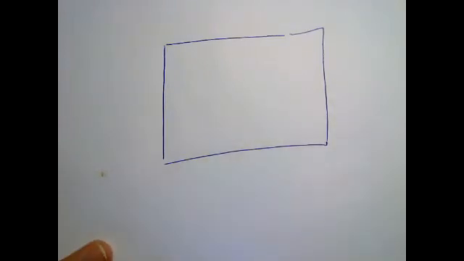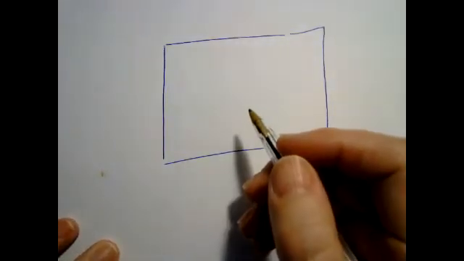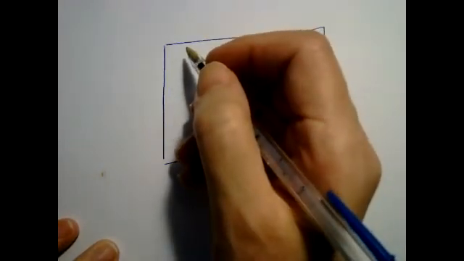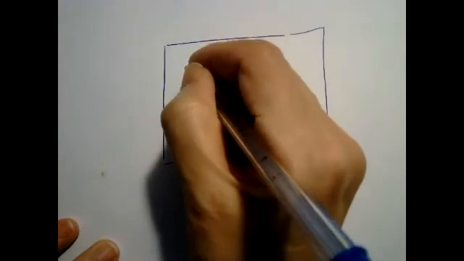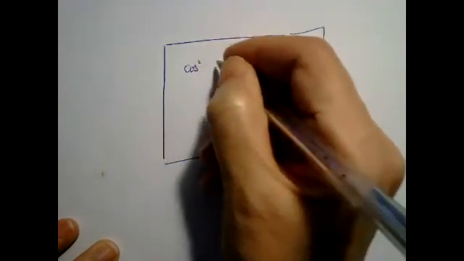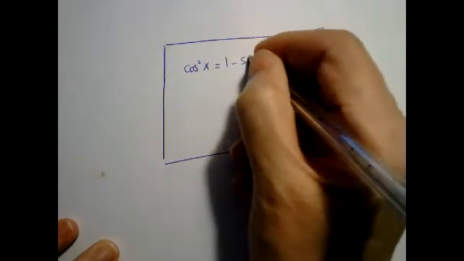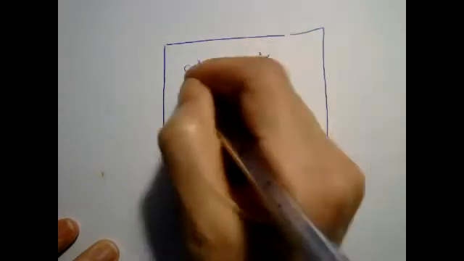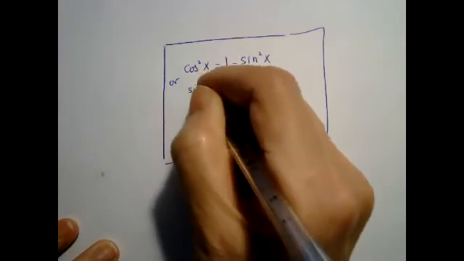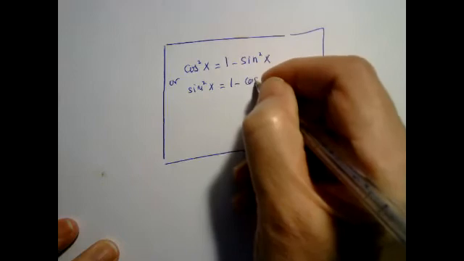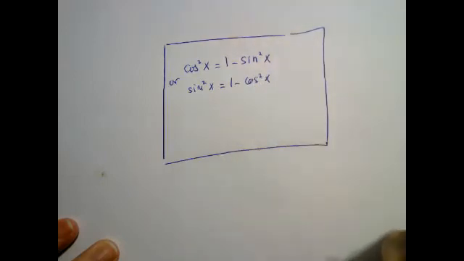All right. So we start by putting the main identities that are going to be our guidelines today. The first identity is sine squared plus cosine squared equals 1, so cosine squared equals 1 minus sine squared, or sine squared equals 1 minus cosine squared, which really means the same thing.